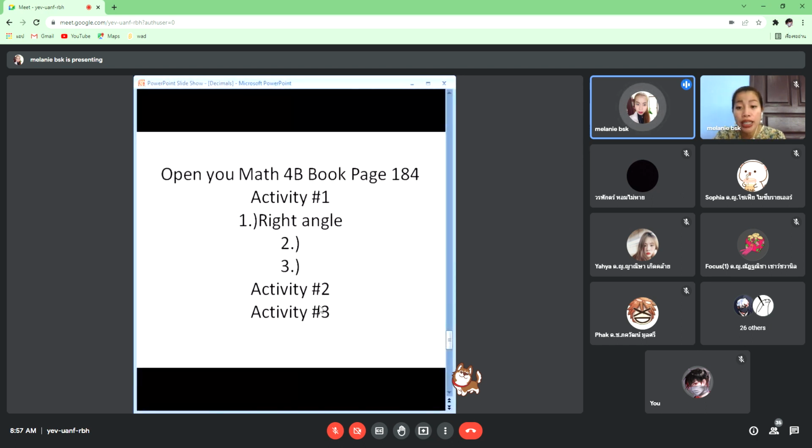And for the activity number 3, you're just going to draw a line in this rectangle. Do not draw a rectangle inside or a square inside. Do you understand, children? You're just going to draw a line. Where are you going to put your line so that you can form a rectangle and a square? Anybody who puts a rectangle in here and draws a square inside, I'm going to give you minus 1.